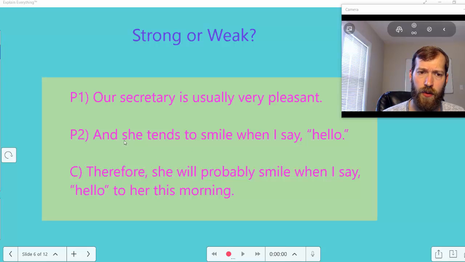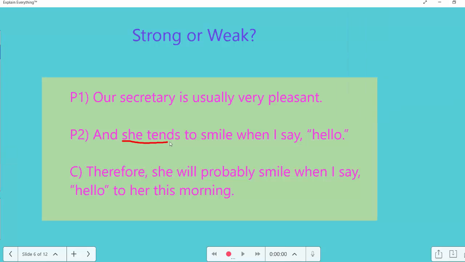Okay, so what we know is she tends to smile when I say hello. And this tells me that more often than not, so greater than 50% of the time, she'll smile when I say hello. And not only that, she's very pleasant. And being very pleasant, if you are a pleasant person, you're the kind of person who will tend to smile when somebody says hello to you.